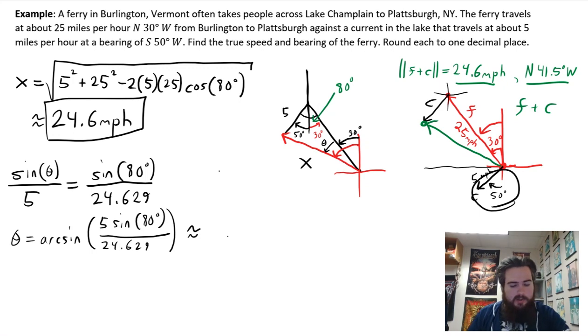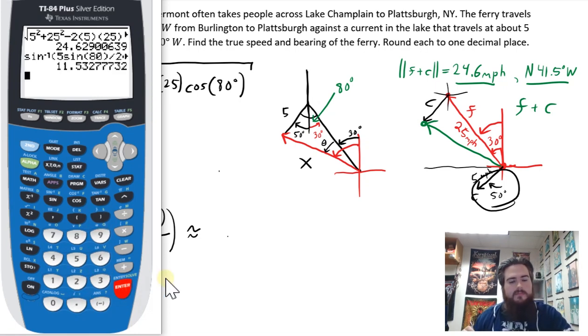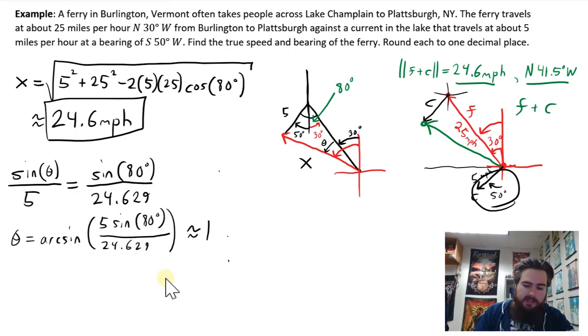If I do use a calculator for that purpose, that would be arc sine of 5 times sine of 80 degrees, make sure you're in degree mode, divided by what we just solved for, which was 24.629. That gives me an angle measure of 11.5 to 1 decimal place.